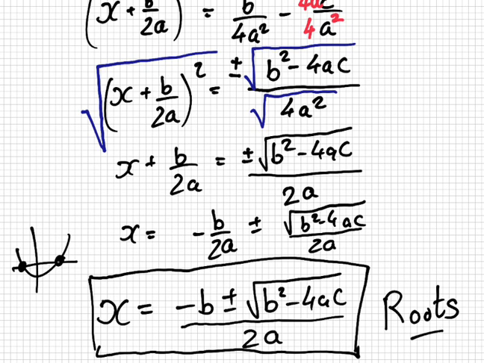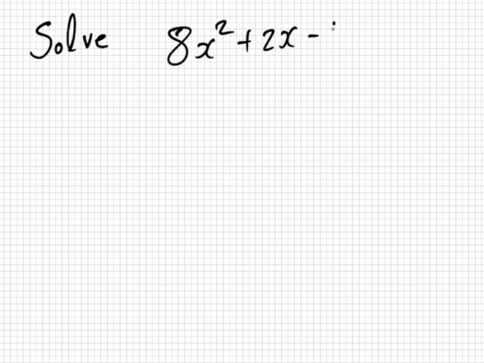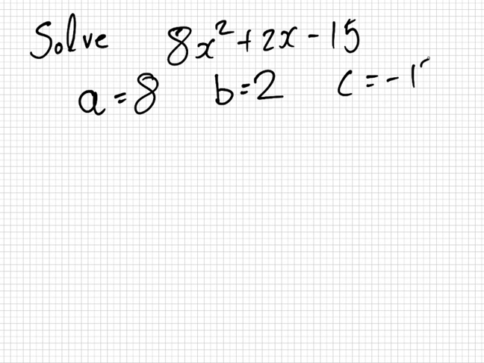Yeah, so let's have a look at some examples. So our first example is solve or find the roots of this equation, 8x squared plus 2x minus 15. So we'll just use our formula. A equals 8, B equals 2, C equals minus 15.